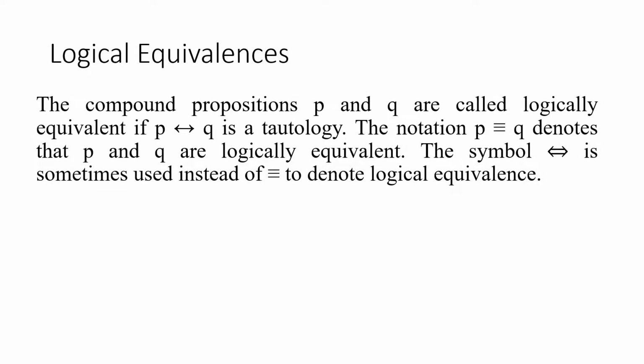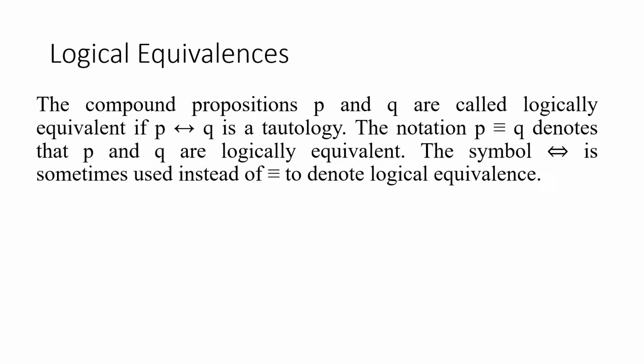So let's have logical equivalence. Compound propositions that have the same truth values in all possible cases are called logically equivalent. The compound propositions P and Q are called logically equivalent if and only if P if and only if Q is a tautology.